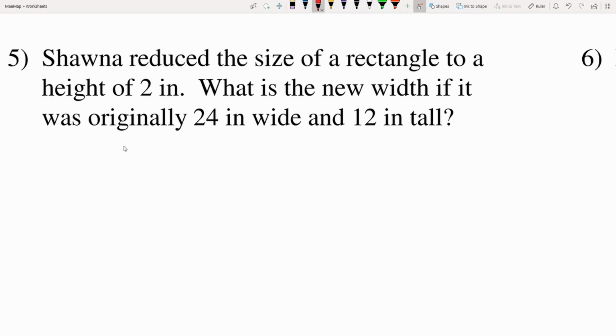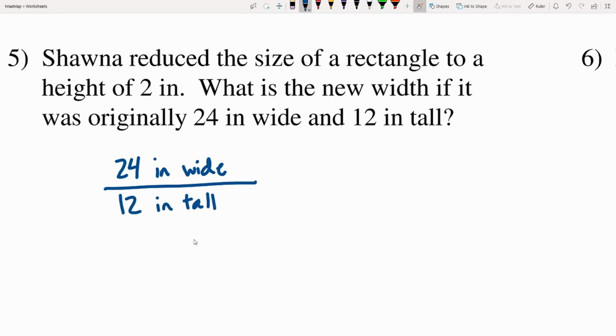So it was originally 24 inches in width and 12 inches as its height. So I'm going to say 24 inches wide over 12 inches tall. These are the original dimensions of the rectangle.